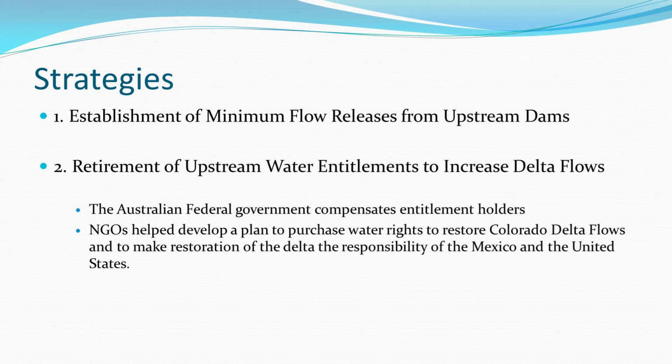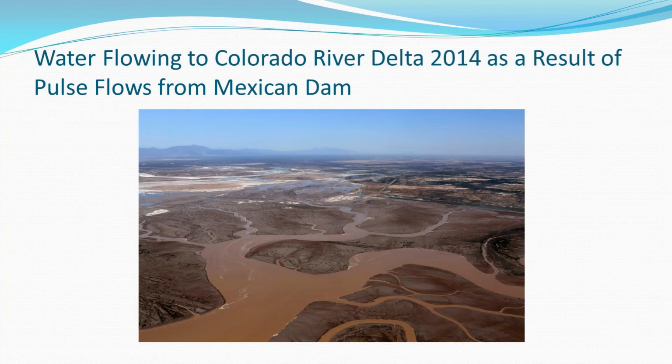In the Colorado River in the United States, a long campaign of pressure by NGOs actually forced the 2 governments, Mexico and the United States, to amend the treaty between them to include provisions for protection of the delta, and NGOs developed a plan to purchase water rights in Mexico, and in 2014 you actually had a restoration flow into the delta.